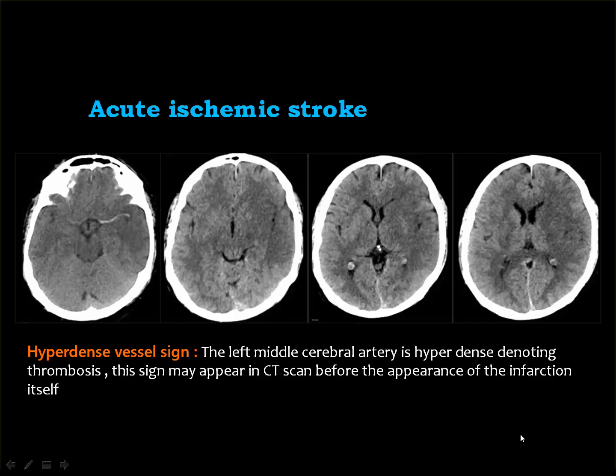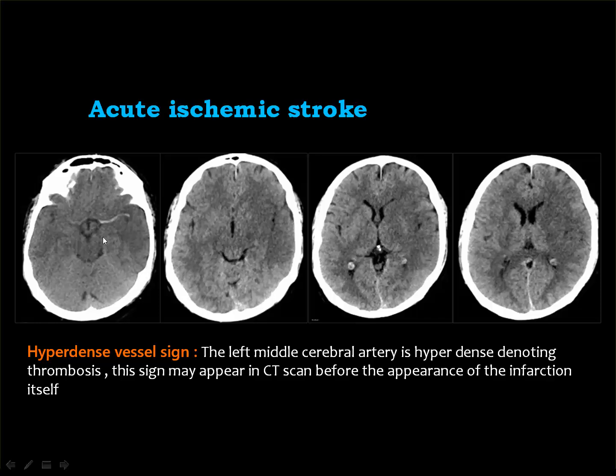One of these signs is known as the hyperdense vessel sign. The hyperdense vessel sign means that there is clotted blood in the middle cerebral artery, which is the most common territory for ischemic strokes. If you see that the middle cerebral artery is hyperdense, you know that the artery is thrombosed, and you look carefully to see the infarcted area, you may see it or you may not.